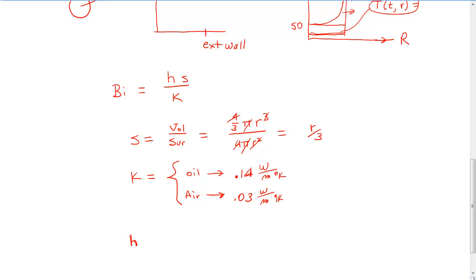The h value is a value that we're going to just simply approximate to get a value out of it.